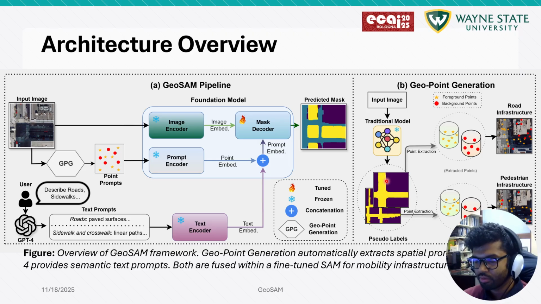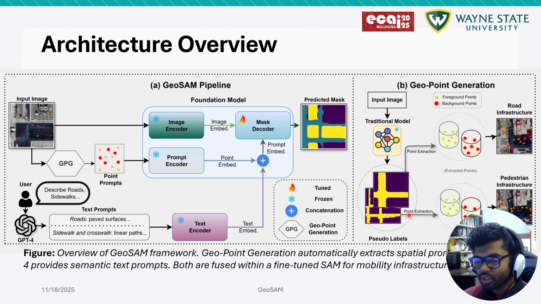We use points from those foreground pixels, and those points work like clicks or points on the image. You can see this is the road, so we have yellow points, and the red points are the background points. This helps the model segment the road. The same thing happens for sidewalk or crosswalk.